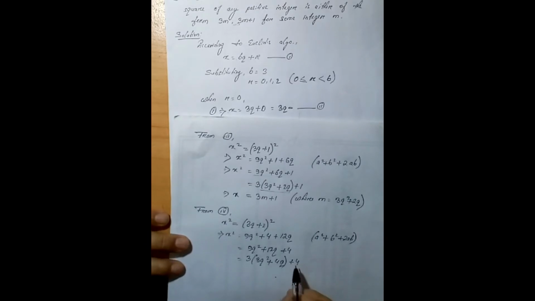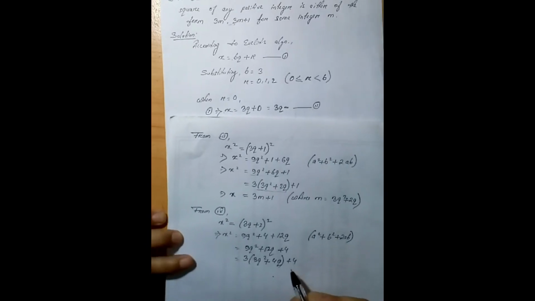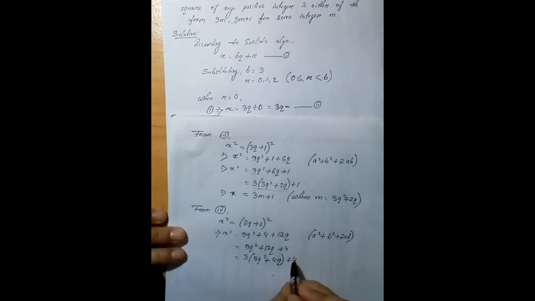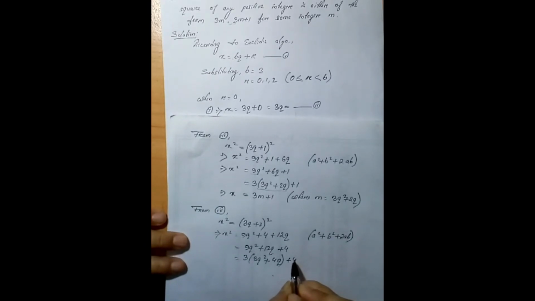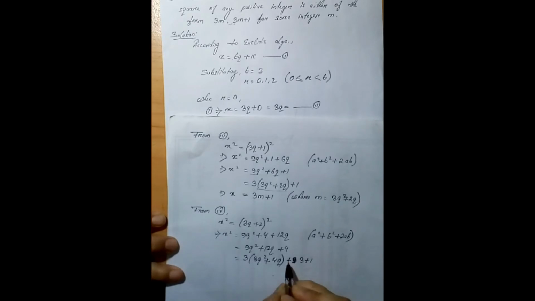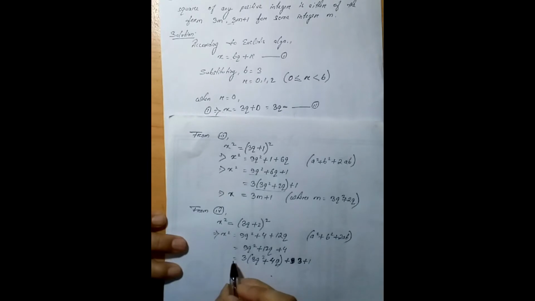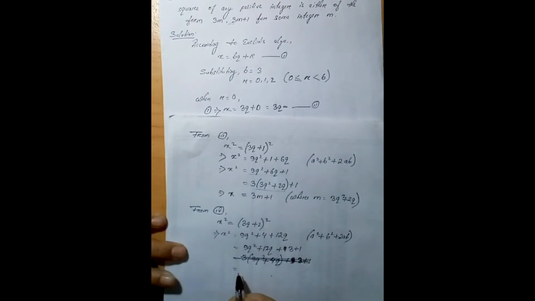This 4 we can write as 3 plus 1, 3 plus 1 is 4, we can write it in this way. Okay, I'm sorry.